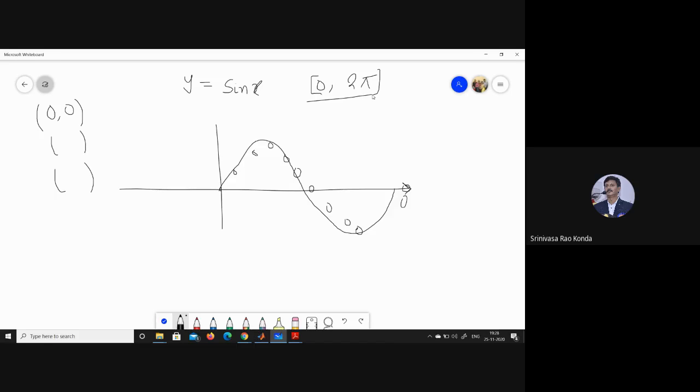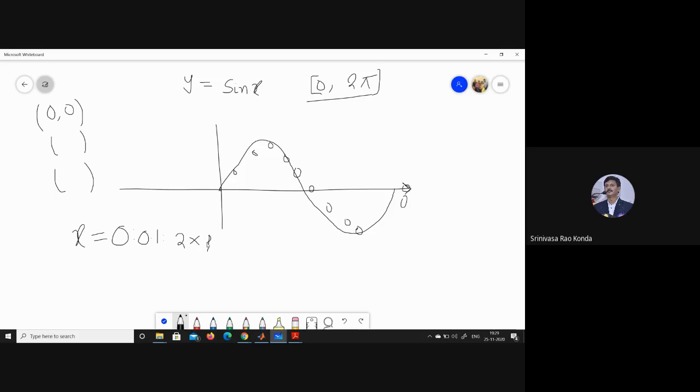Now how can we take some points in the given interval using MATLAB? Our interval is 0 to 2 pi. I can generate an array: x is equal to 0 colon 0.1 colon 2 pi.